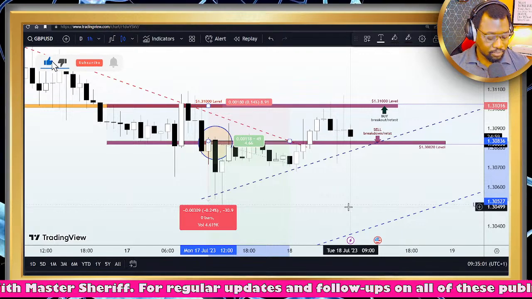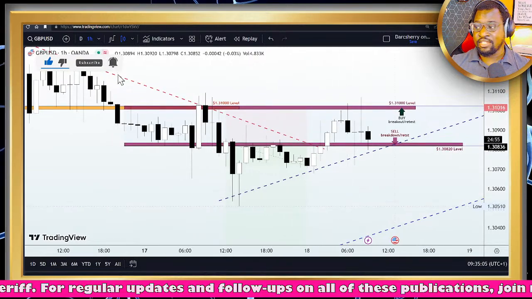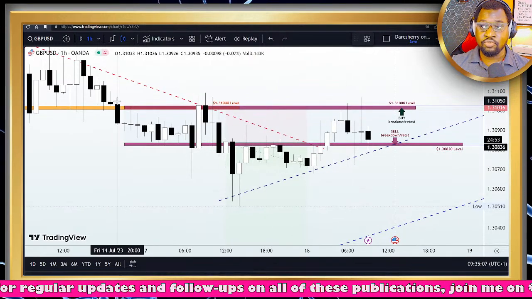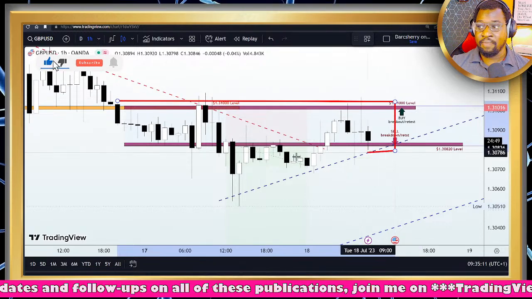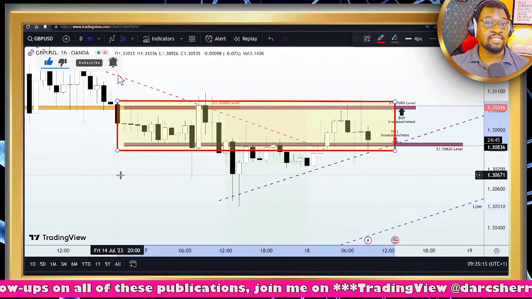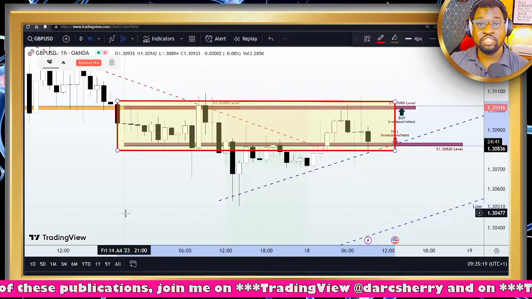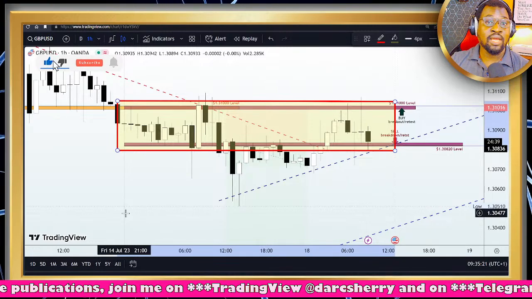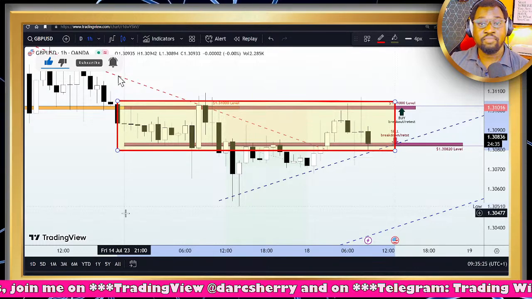So with the situation we have right now, price action is back into that range, and this tells us a lot about the current market structure. That is, the market is still very uncertain at this point in time, and there is a tendency that the majority in the market are looking forward to a catalyst that will drive price movement.